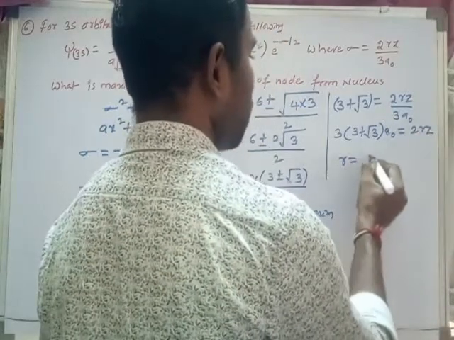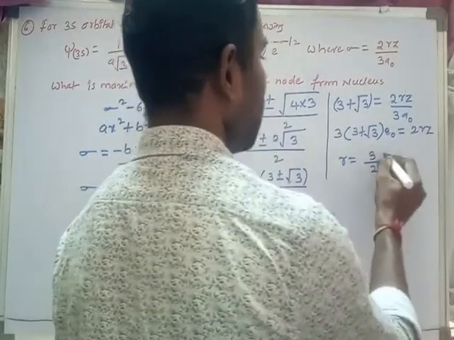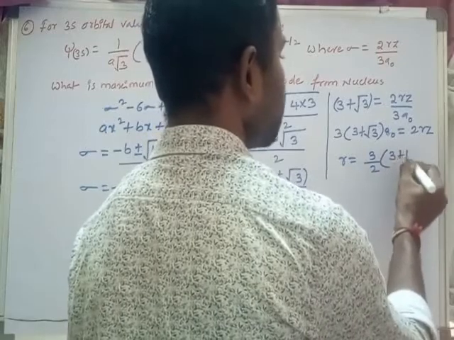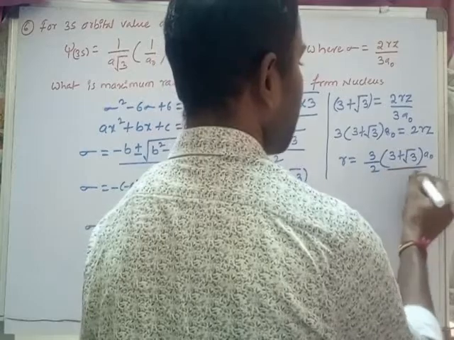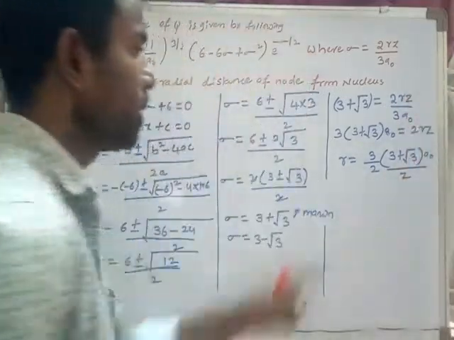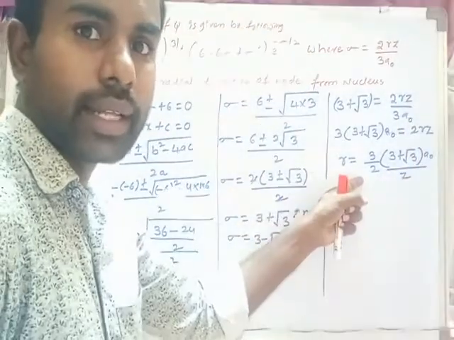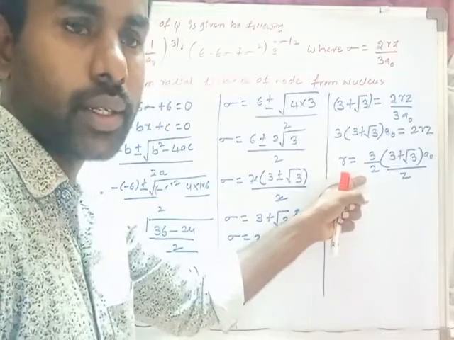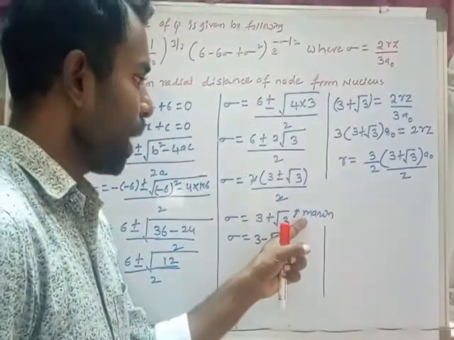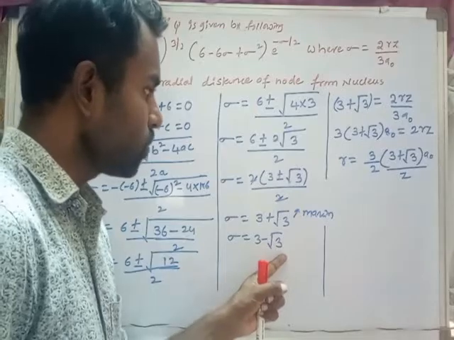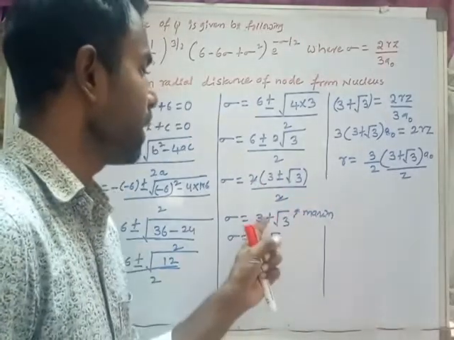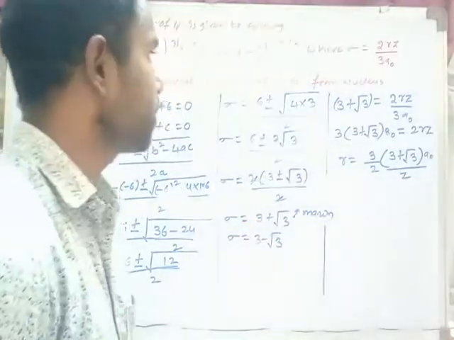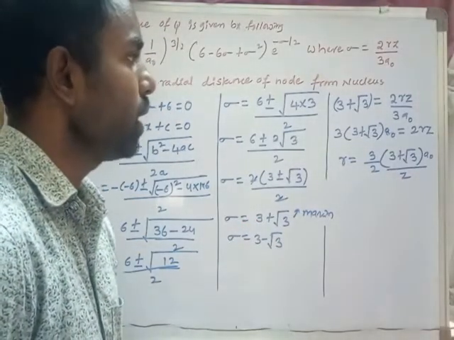From that, r equal to what we can write, 3 by 2 into 3 plus root 3 a naught by z. So here this is the maximum distance from the nucleus. Means here this is the maximum value of sigma, this is the minimum value of sigma. They are asking maximum distance from the nucleus. So here by taking this we can calculate the maximum distance of node from the nucleus.